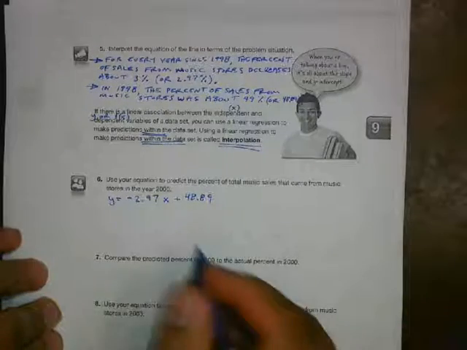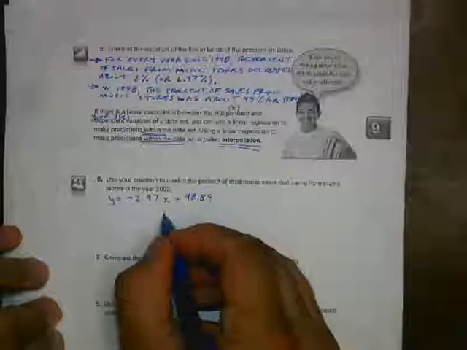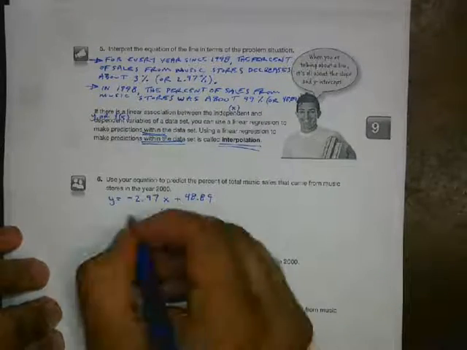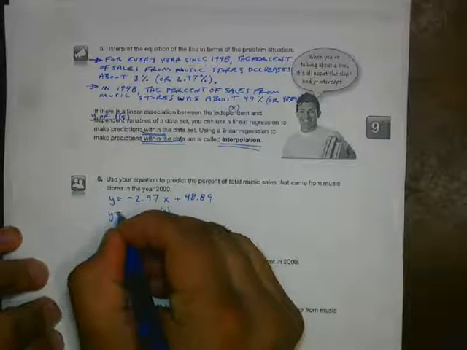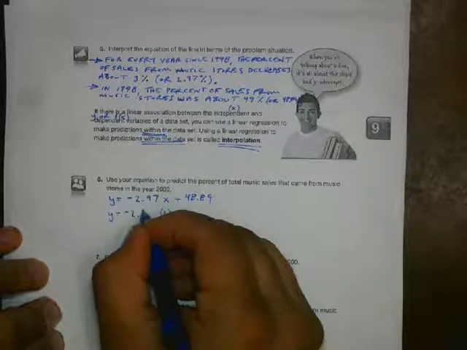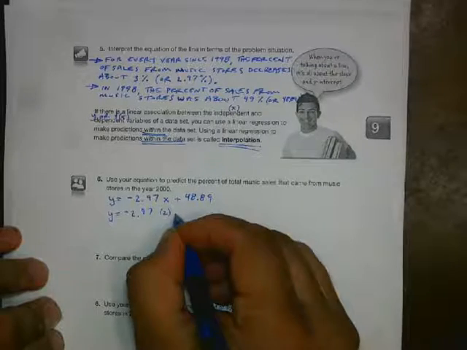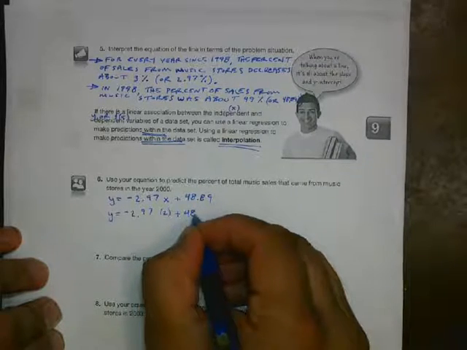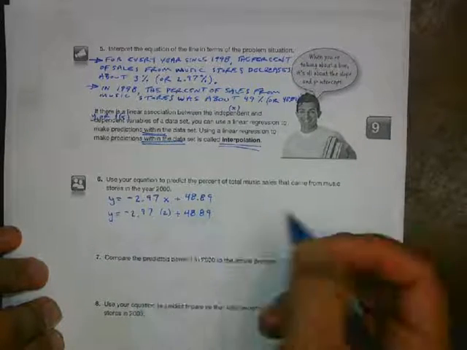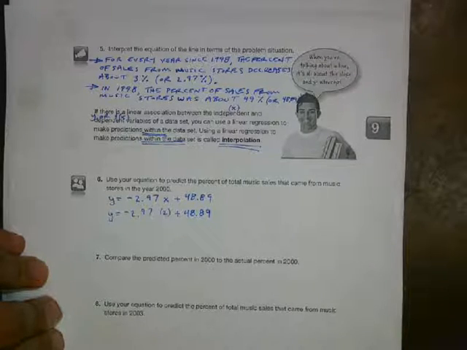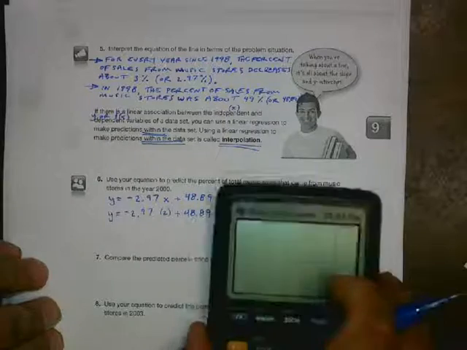So right here, we'll take our 2, we'll put that in, and we'll go y equals negative 2.97 times 2 plus 48.89. And then put that in the calculator here.